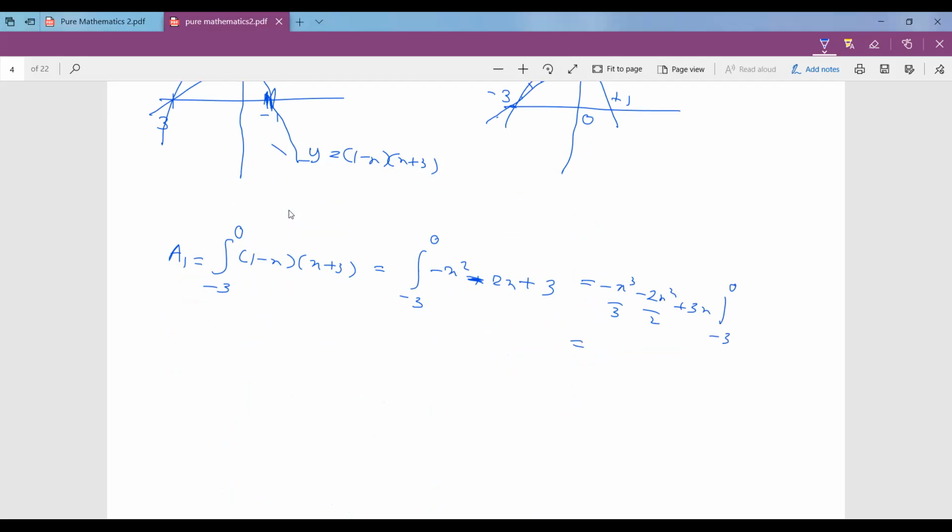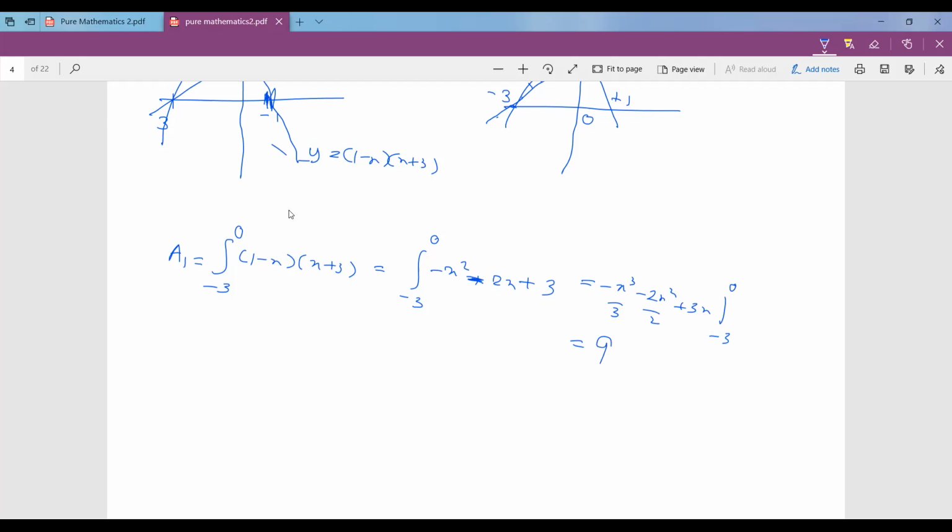If you do this integration, you will realize that the area becomes 9. So if you do this perfectly, it's 9.